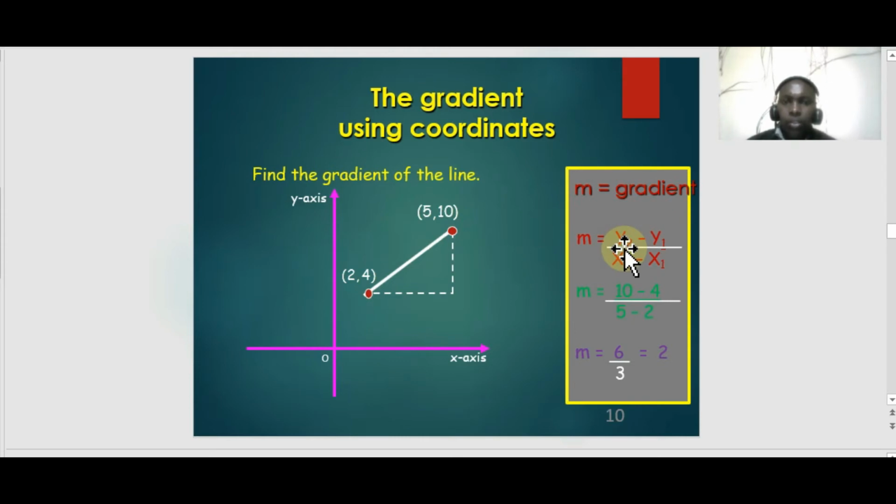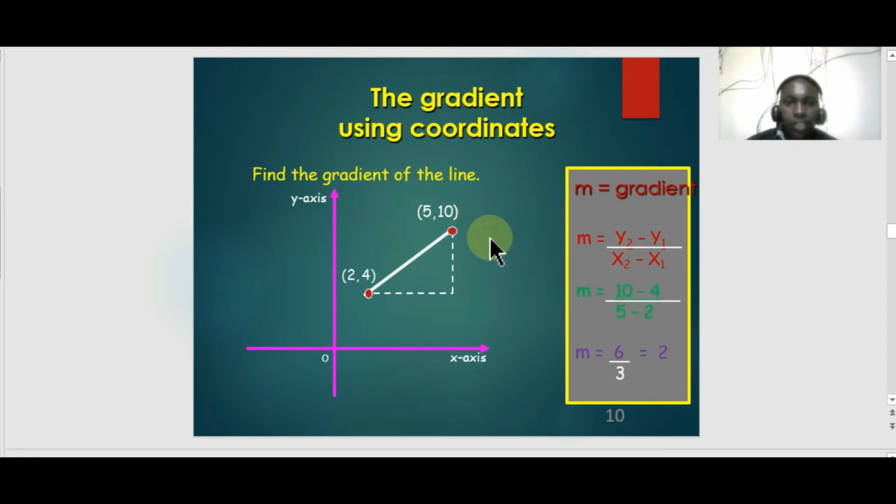So what about getting the gradient using the coordinates? In the previous slide, we used x and y, but this time I want us to have real values. Suppose we have this point is 2, 4, and this point is 5, 10, and we want to get the gradient. The formula is change in y over the change in x. That is how we get the gradient.